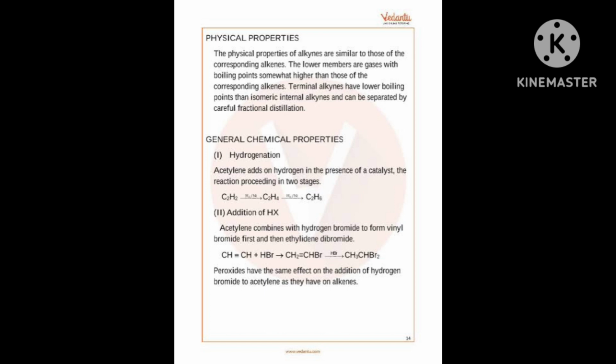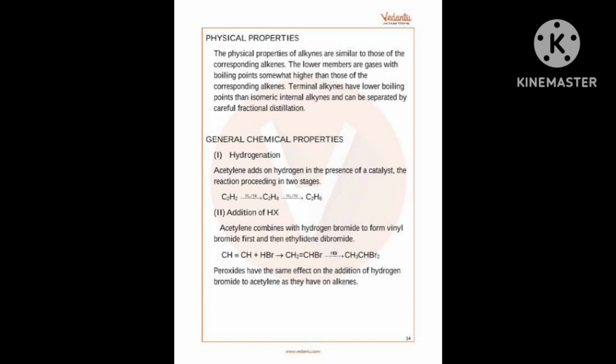Now I have told you about the addition of H2 gas and addition of halogens. Also I discussed the addition of hydrogen halide. Three things I discussed: addition of hydrogen halide, HX, and also halogenation, that is Br2, Cl2, I2, like that, and addition of hydrogen.